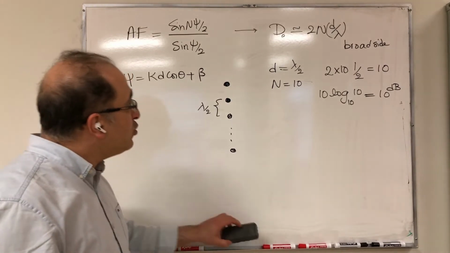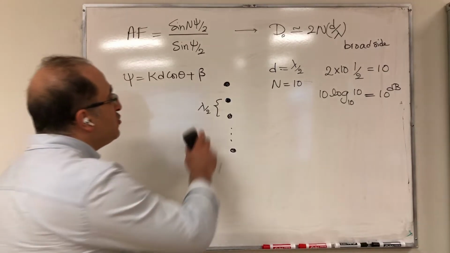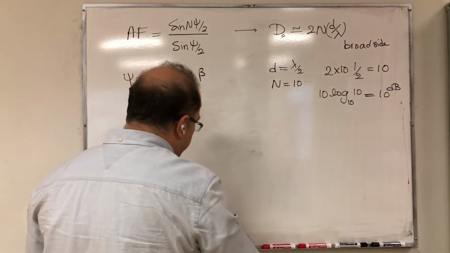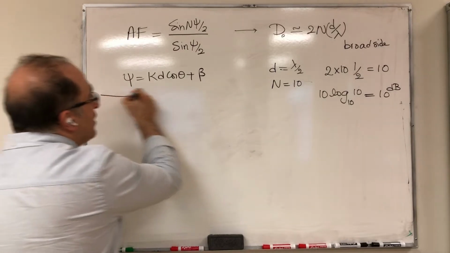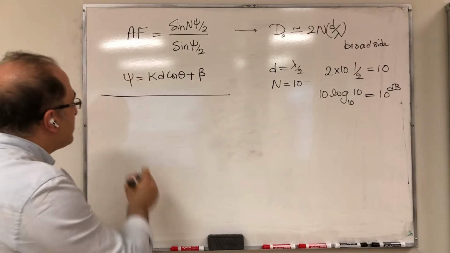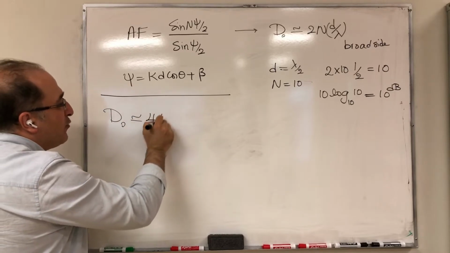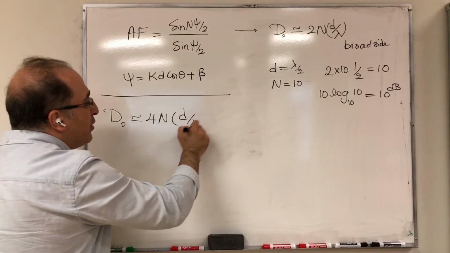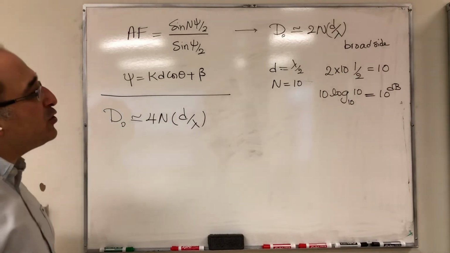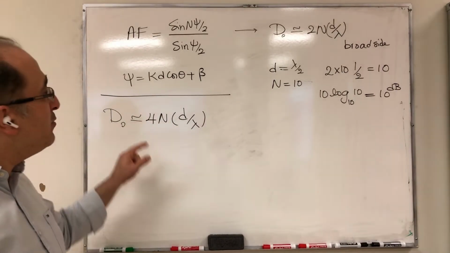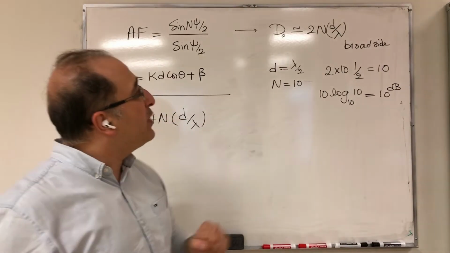Now, when we go to end fire, the situation is slightly different. Again, it's going to be a similar expression, but this time our maximum directivity would be 4Nd divided by lambda. So you see that we actually increase the directivity by a factor of 2 compared to broadside.